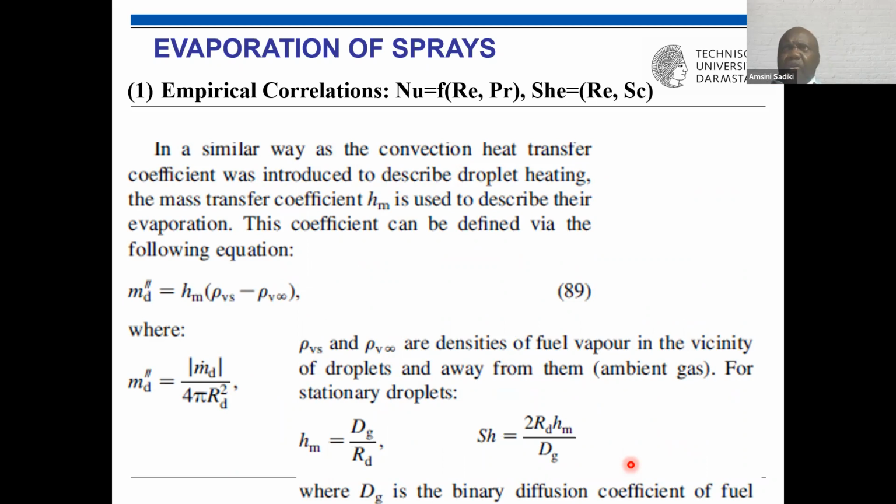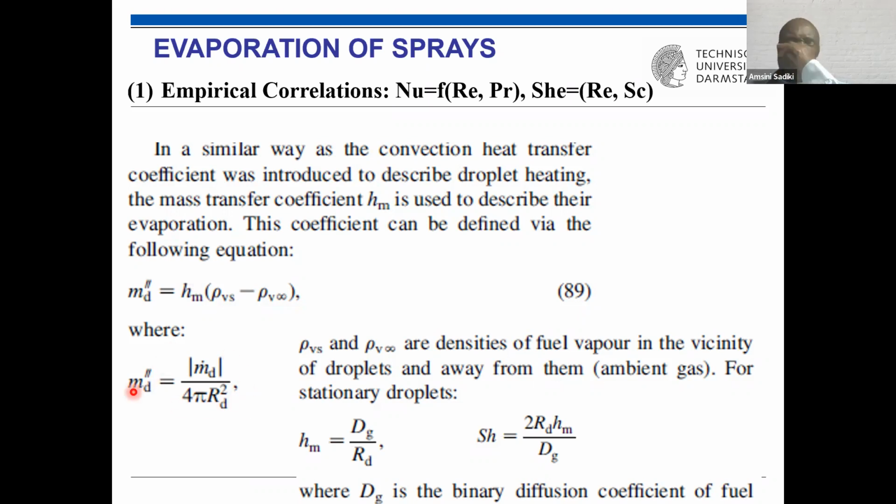In a similar way, we can also have the correlation with respect to the Sherwood number. We base it on this equation, in which we have introduced the mass transfer coefficient, and in this area we also introduce the Sherwood number. We can write this in this way.